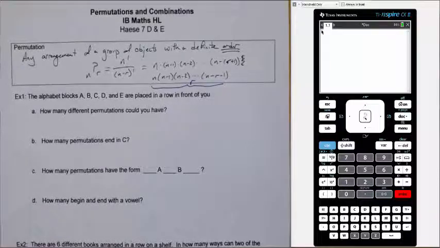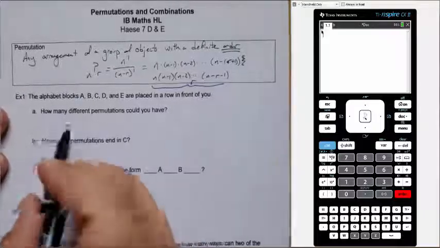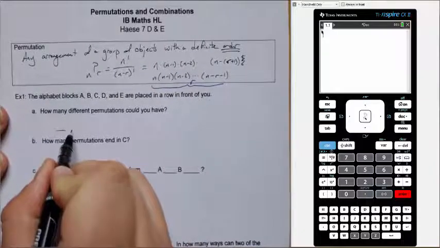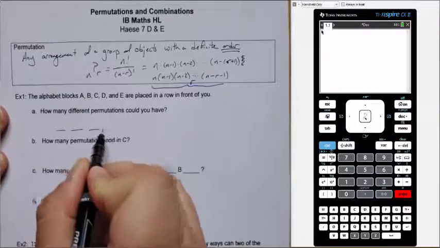So we'll start with a fairly classic one involving, in this case, alphabet blocks. There's 5 different blocks, A, B, C, D, and E. You can tell the difference between each of them, meaning no matter what arrangement you put them in, you can always tell what order they're in. So how many different permutations could you have? I like to draw a picture of the number of slots that I could put things.